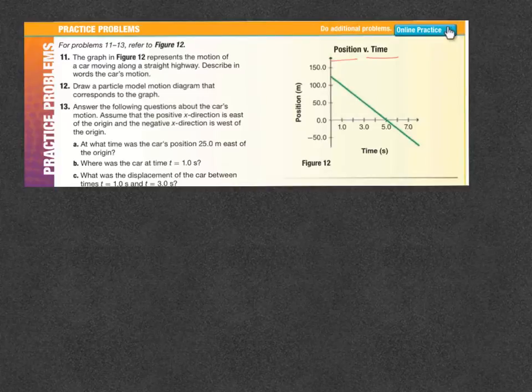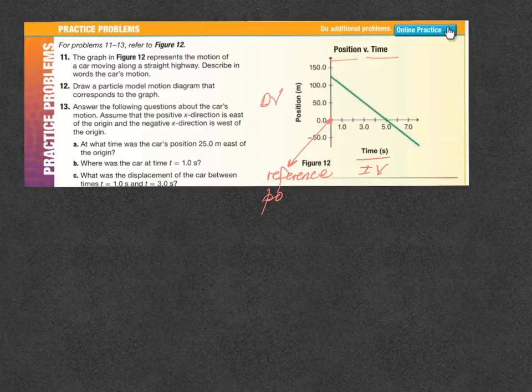and I think that you have that on your notes too. Okay, so as you can see over here, this is what I was explaining before. Time is your independent variable over here, the position is your dependent variable over here, and this is your reference point.